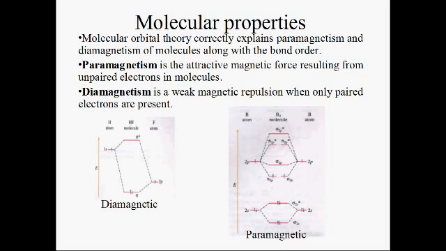Pairing electrons gets rid of the magnetic field. So unpaired electrons give a magnetic field, which makes the compound paramagnetic. If we only have paired electrons, there is no magnetic field to that molecule. The lack of a magnetic field in the molecule actually makes it slightly repulsive to magnetic fields.